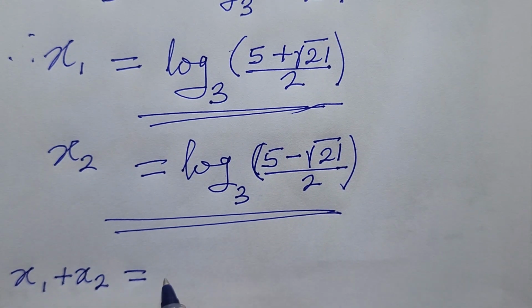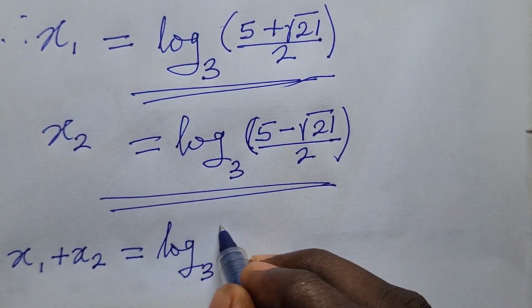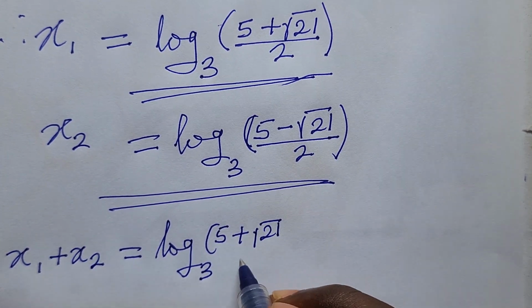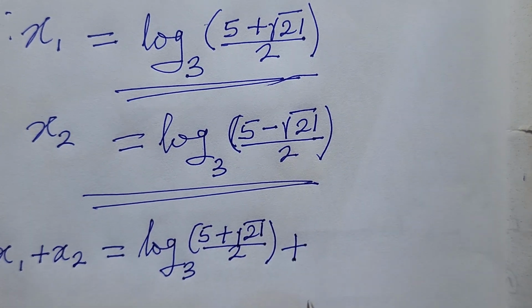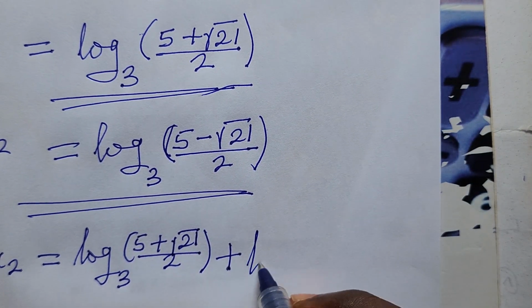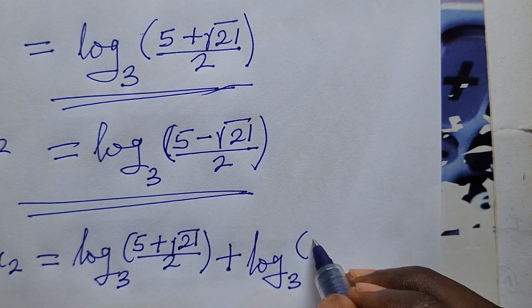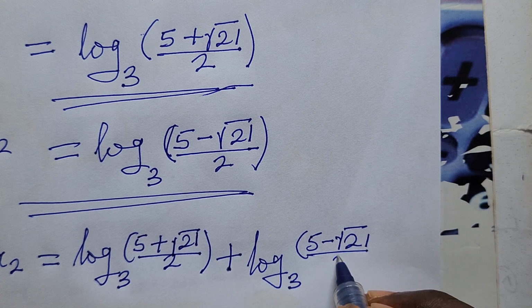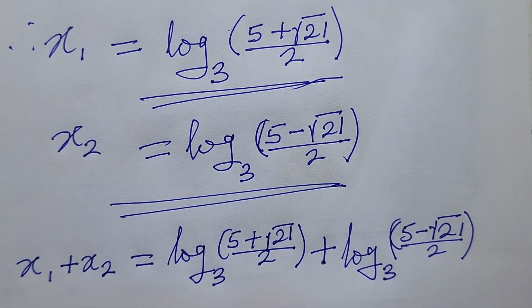So we're going to have log base 3 of (5 plus square root of 21) all over 2, then plus log base 3 of (5 minus the square root of 21) all over 2, close bracket here. Wow. Now look at this.